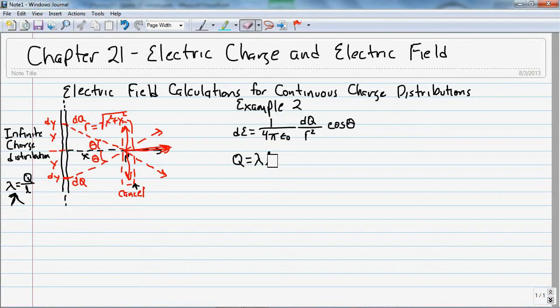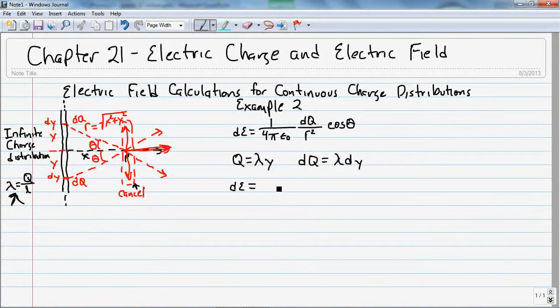And L we're going to put in terms of y, because that's the variable we're using here. If I make a differential of charge, well, lambda is a constant, so we can't make a differential out of it, but we can make a differential distance. So let's put in what we know.